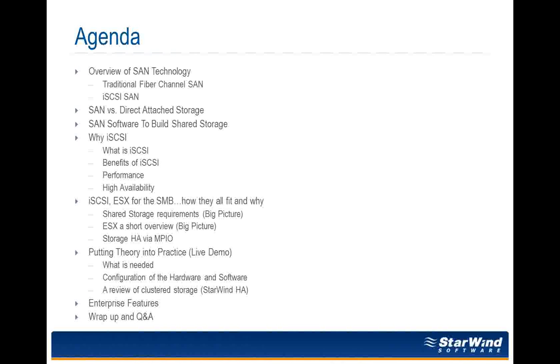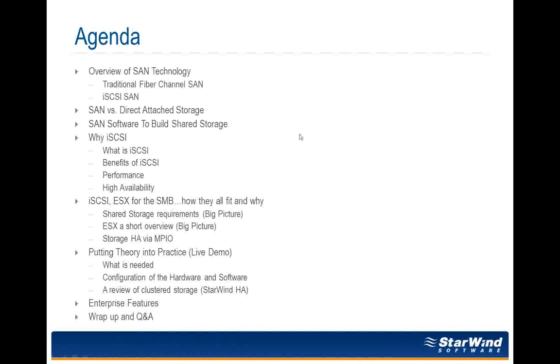I've got a couple of overview diagrams that I can show you of what this looks like in the wild so that it doesn't have to remain in the abstract. And then we're going to go into the storage aspect of this, where I'm going to do a live demo of StarWind, show you StarWind functioning with an ESX environment, and how all that ties in. And then we'll stop for some Q&A.